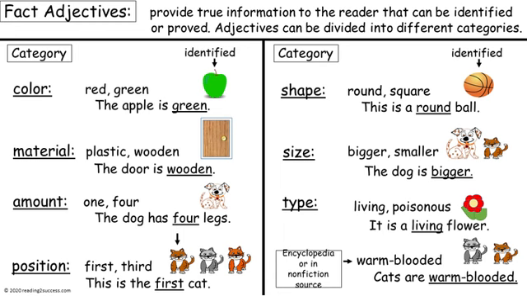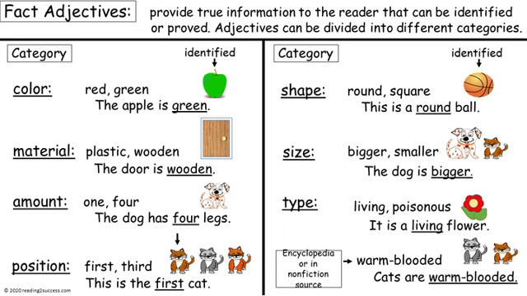Another type of fact adjective is amount with a number, 1, 4, different kinds of numbers. The dog has 4 legs. Again, that is identified. Then we have position, first, third, could be others, fourth, 10th. In this example, it says, this is the first cat, and the arrow is pointed to the first.